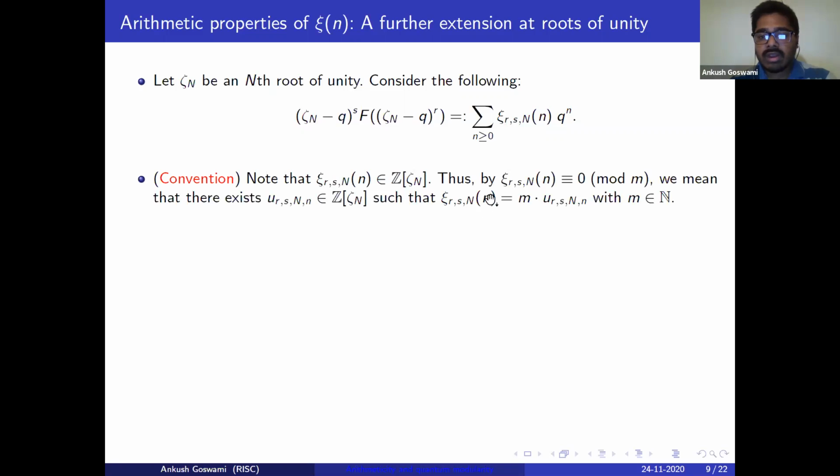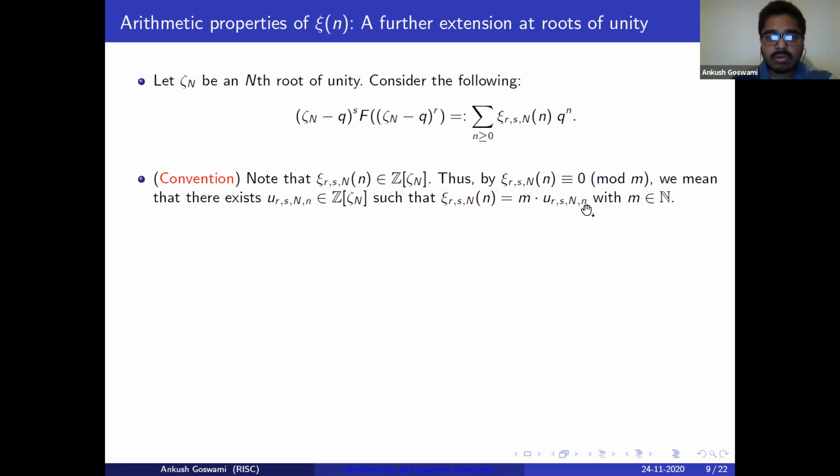So when I say xi r s N of n is congruent to 0 mod m, where m is any positive integer, I mean that there exists some other element u r s N in the same cyclotomic ring of integers such that one can write this xi r s N of n as m times u r s N.